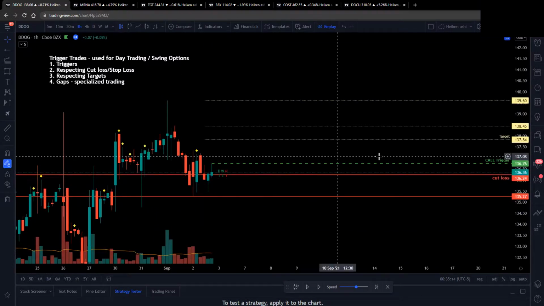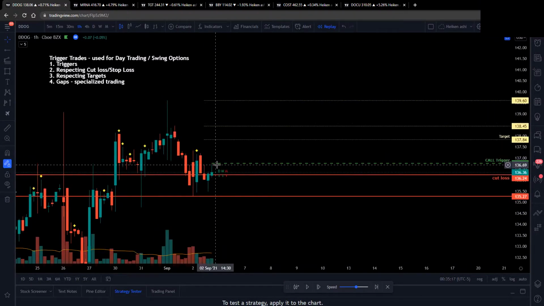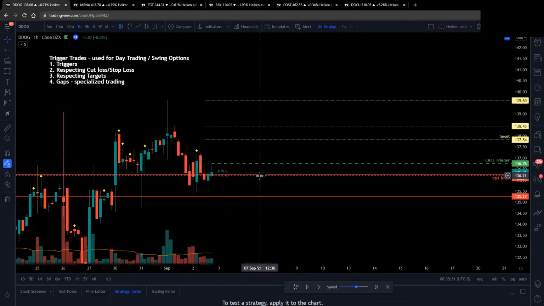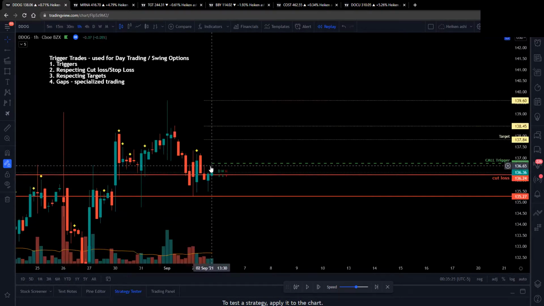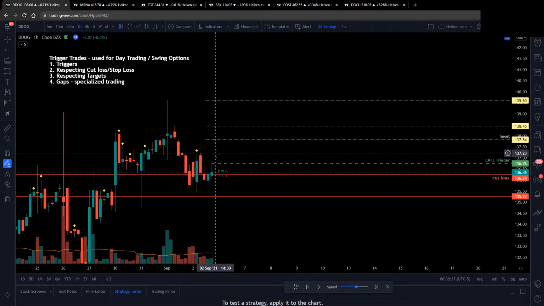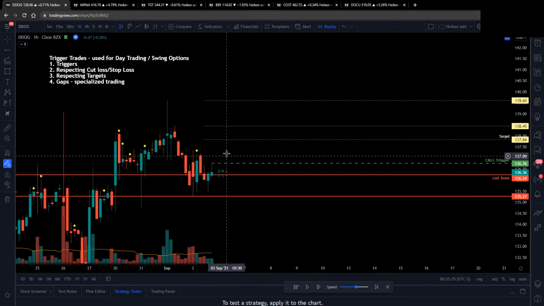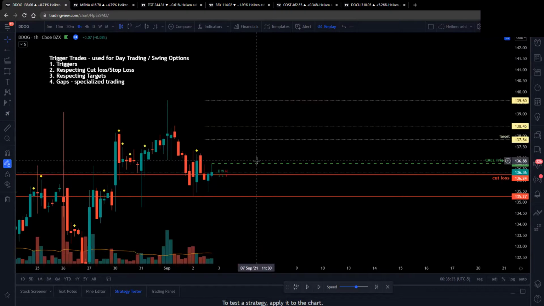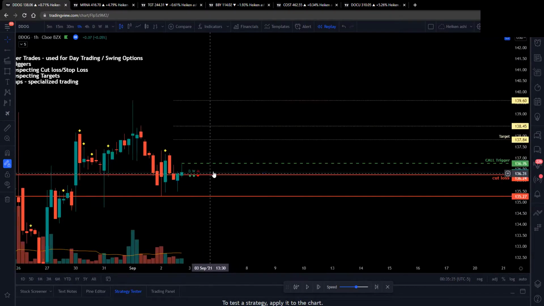So like I said, by the time that the price crosses this, that's the time that you buy. And then your cut loss will be 136.24. So what happens when this crosses up, you buy, and then if it does reach the first target, that's the time to think about selling or adding more positions.